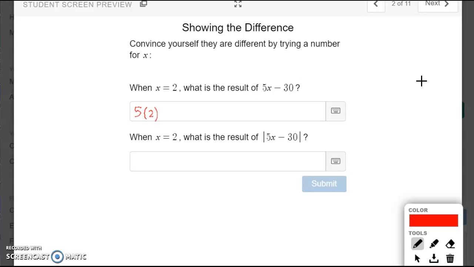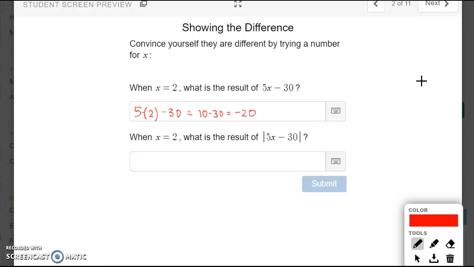And I am putting it in parentheses so that it reminds me that we are multiplying 5 and 2. See, 5x means 5 multiplied by x. So that's why I'm putting it in parentheses, minus 30. So this is same as 5 times 2, which is 10, minus 30. And 10 minus 30 is negative 20.